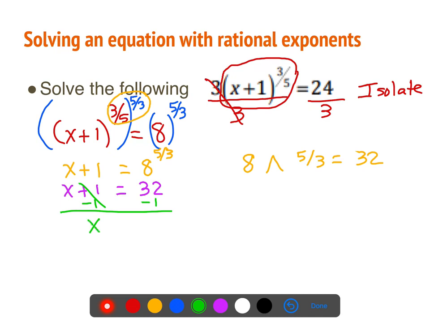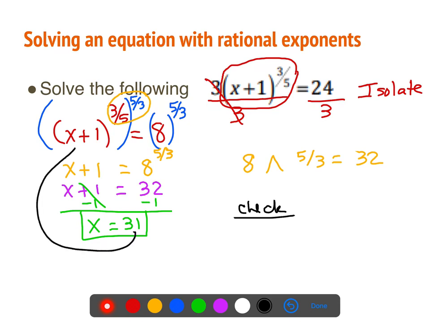So I'm going to replace this 8 to the 5/3 with 32. And then I check to see, is my x all by himself? No, he's got a 1 over there. So I'm going to subtract 1 from both sides. And my answer is 31.